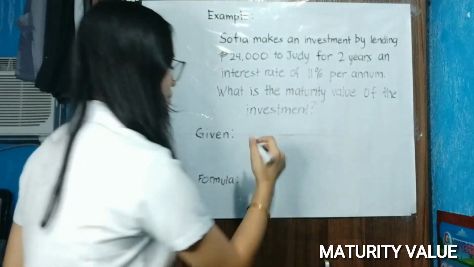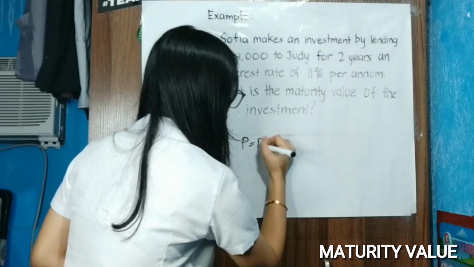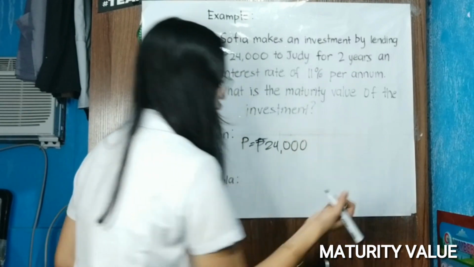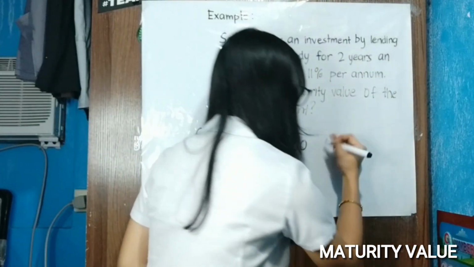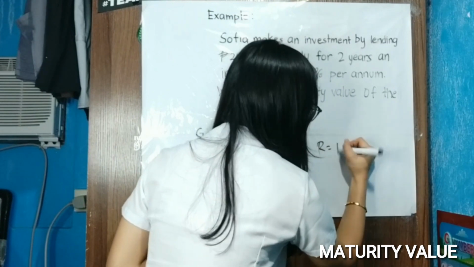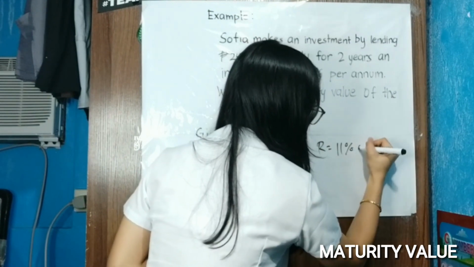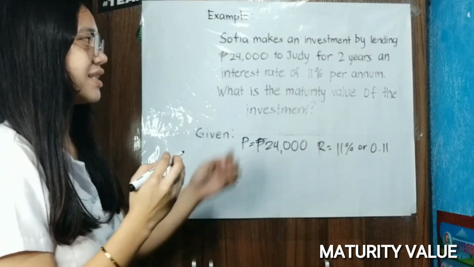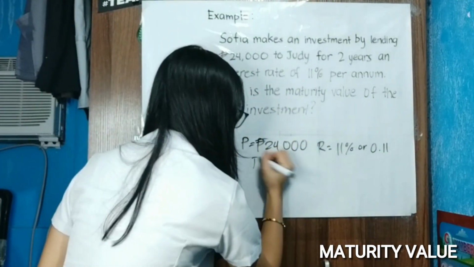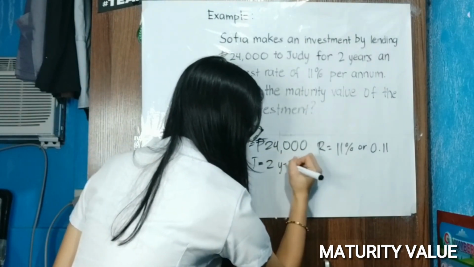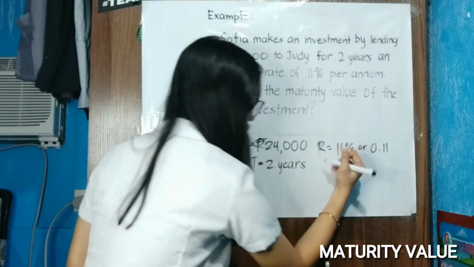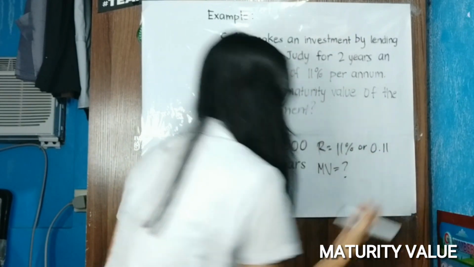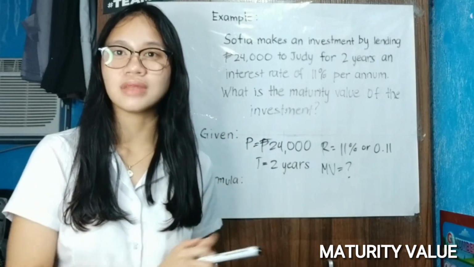We have the principal amount of 24,000 pesos. And we have the interest rate of 11% or 0.11. We have the time that is 2 years. And we're looking for the maturity value or the final or total value.